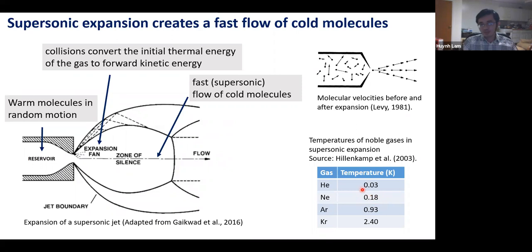The reason it's possible to produce the gas phase at really low temperature is that the phase transition depends on both the temperature and the pressure, right? So if you make the gas dilute enough, which means the molecules are well separated from each other and they don't interact with each other, then they won't stick together. So basically if the density of the gas is low, then it's possible to produce really cold molecules at really low temperature.